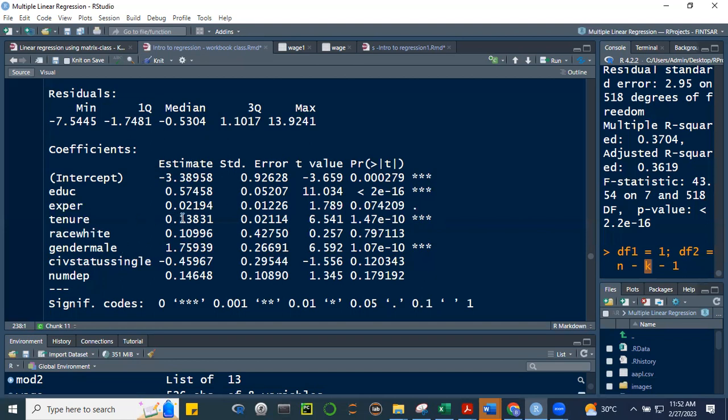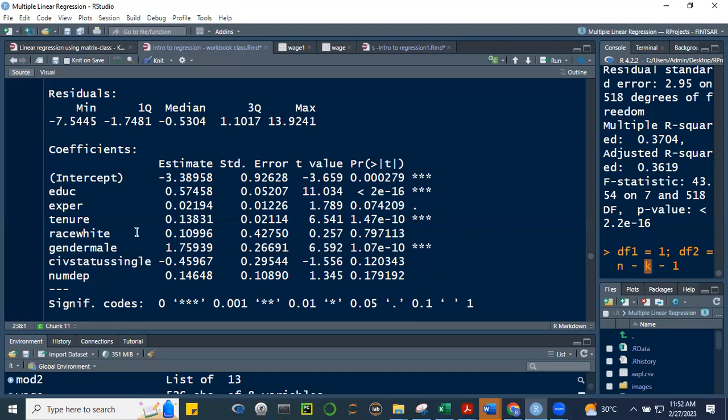Tenure, what does this mean? Tenure is also in years, and it's statistically significant. It means that for every 1 year increase in tenure, there's a corresponding $0.138 increase in hourly wage, ceteris paribus.